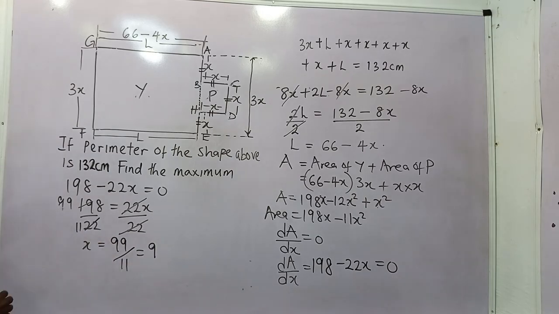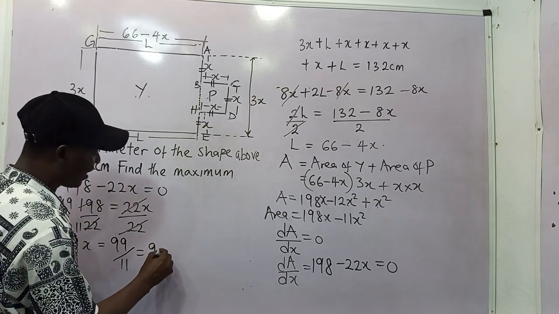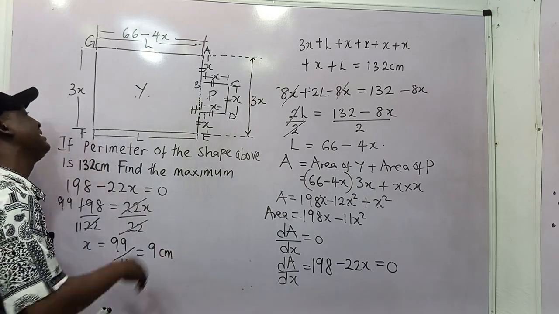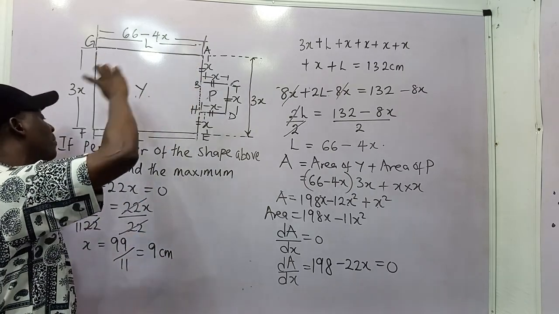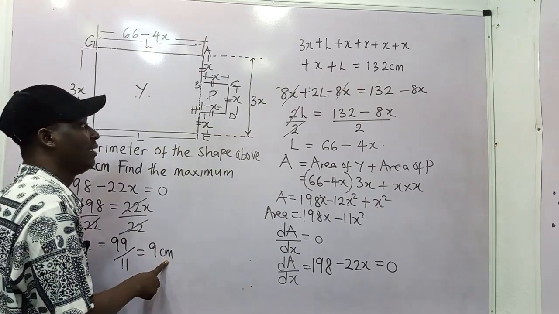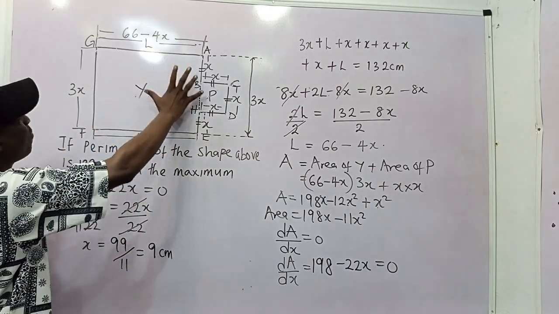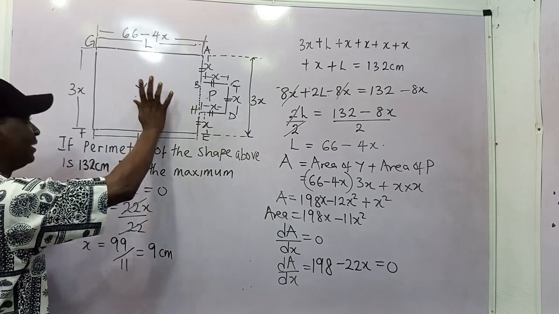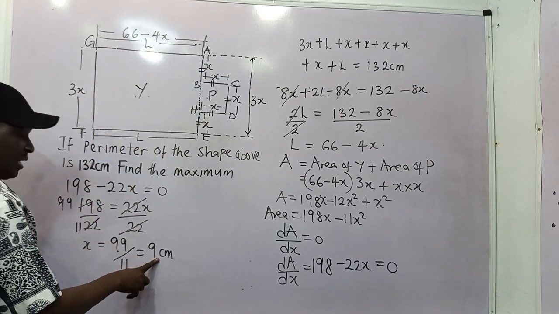So having gotten 9 as our x, that is to say, what will make this shape to have a maximum area is when x is equal to 9 centimeters. So the maximum area this shape can occupy is when x is equal to 9 centimeters.